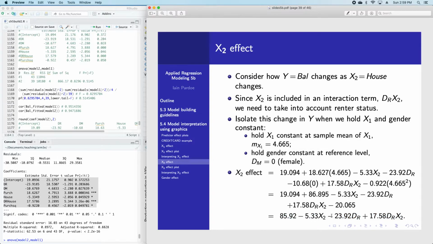So if dr was 0, these two pieces would go away, and I'd be left with this straight line, 85.92 minus 5.33 x2. And if dr equals 1, I would have 85.92 minus 23.92 as an intercept, and I would have minus 5.33 plus 17.58 as a slope with respect to x2.